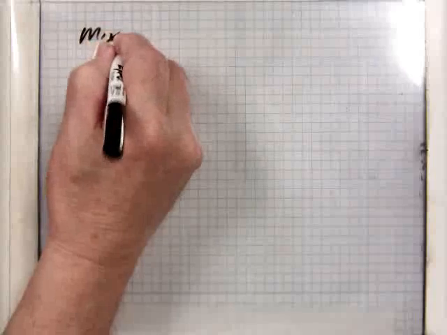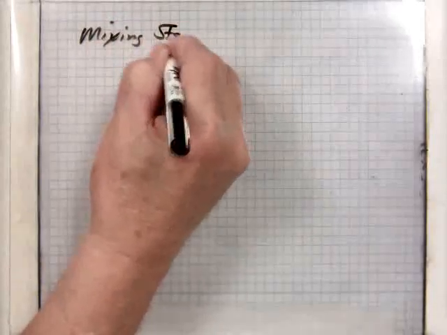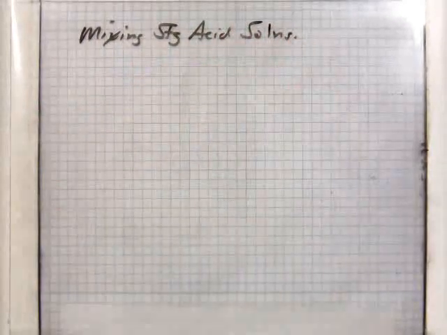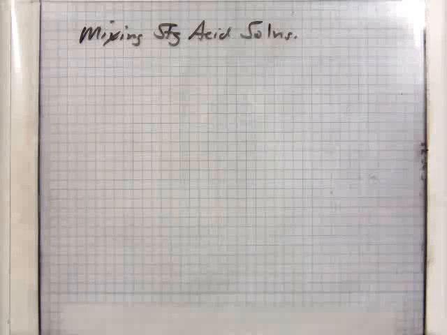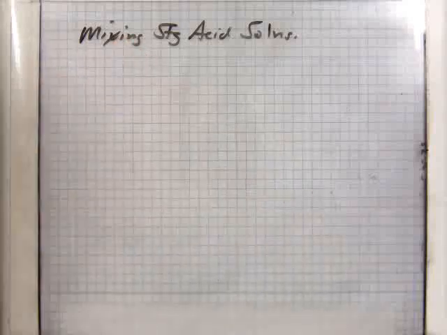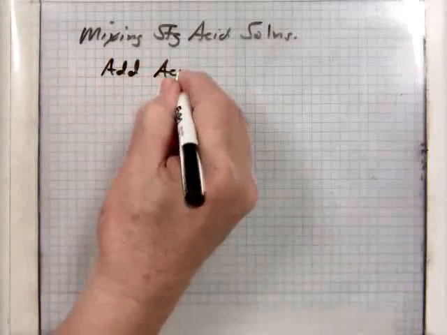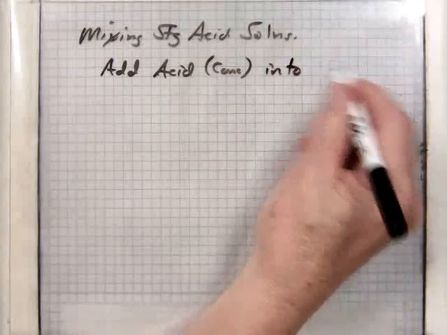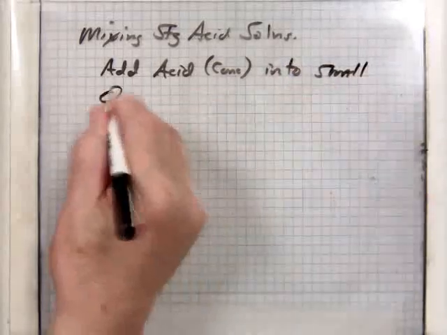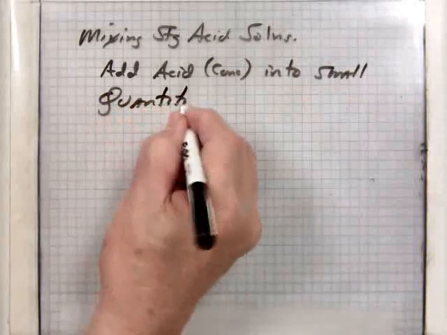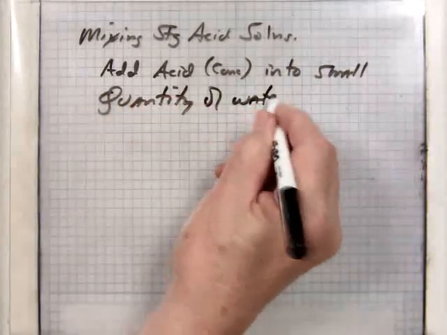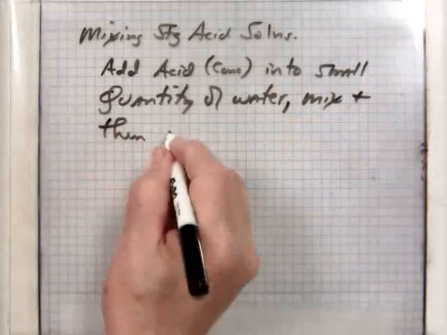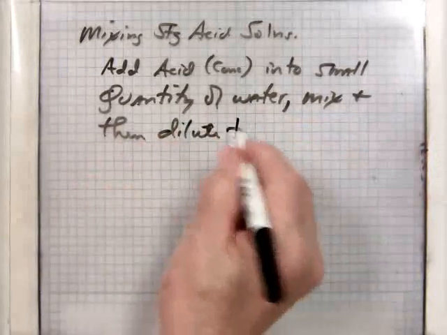Mixing strong acid solutions. You use a small quantity of water, and then you add your acid. Add acid, that's your concentrated acid, into a small quantity of water, mix, and then dilute to needed volume.